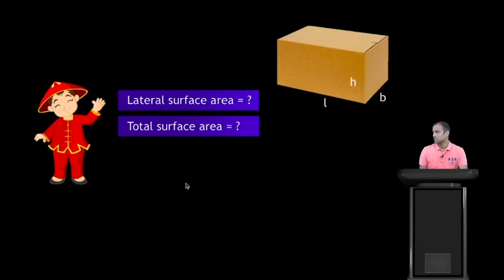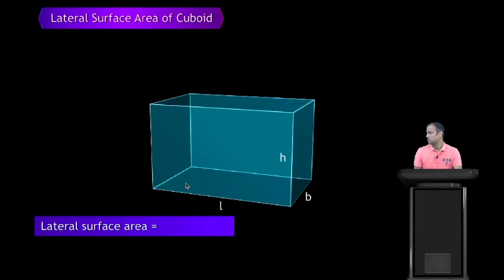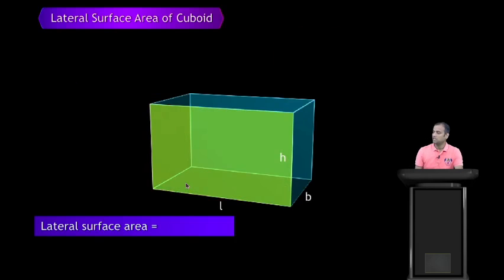Again, what is total surface area? For total surface area, we add the upper portion and lower portion also, and then we have to find the volume. The lateral surface area, as I already told you, is the area of four walls.